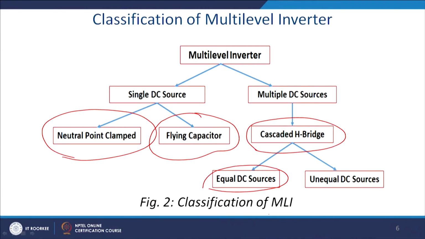So, you can have equal DC source voltages, or you may try to generate unequal ones so that you can get a replica of the sine wave. That can be used for the unequal DC source.